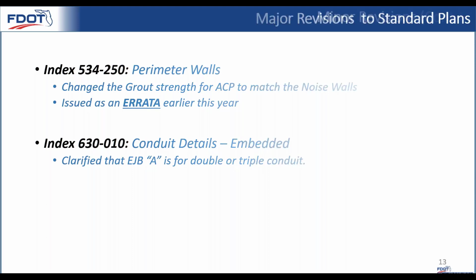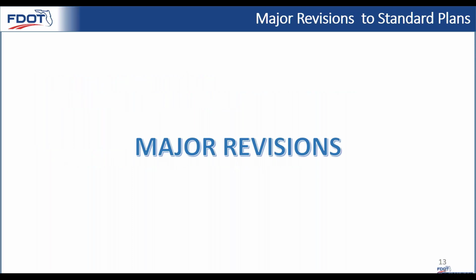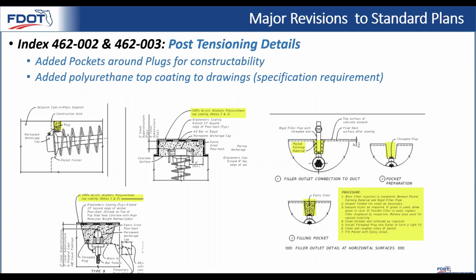Now, on to major revisions. This is one that will only affect those doing the post-tension bridges, the segmental bridges, and we've added a pocket to help assist with the inspection and the threaded plug, getting it into place.